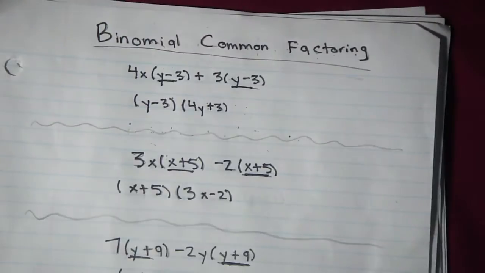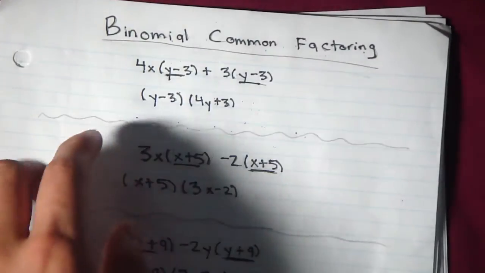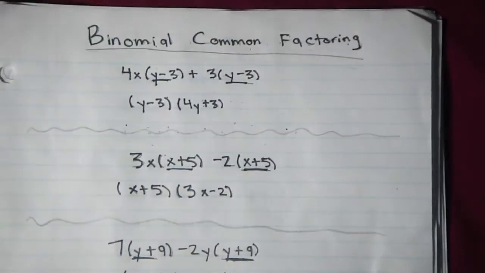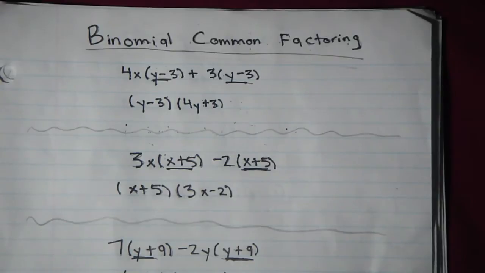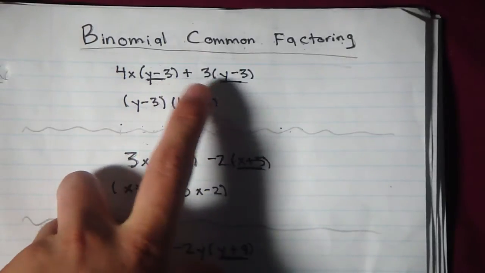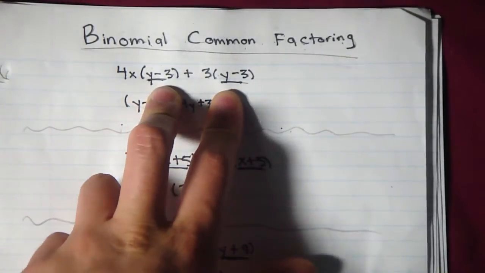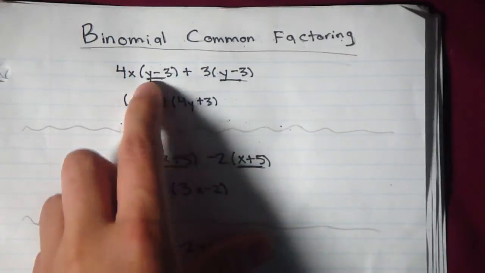So back to what we're talking about. This is a binomial because there are 2 terms. This is one term, this is one term, and they're connected by the brackets. Now, I don't know if you have noticed this, but here there are 2 of the same things right here. That is what's important about binomial common factoring.